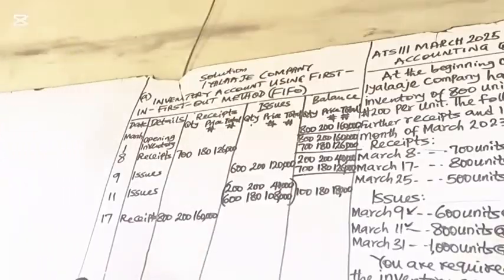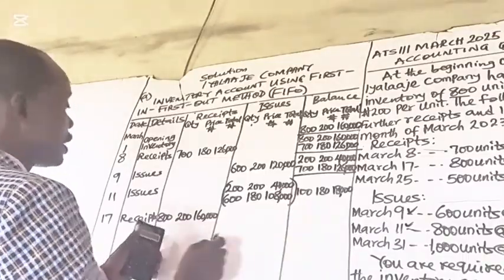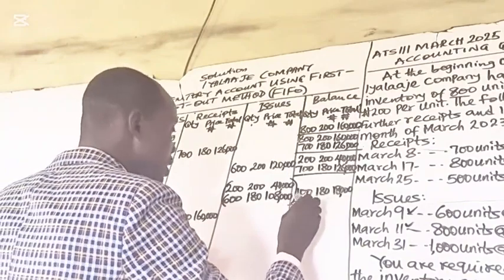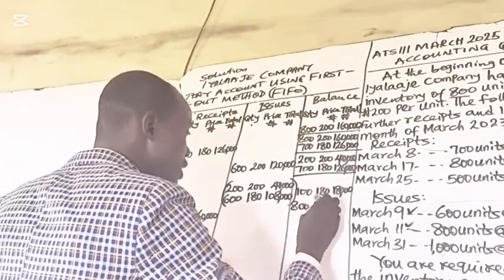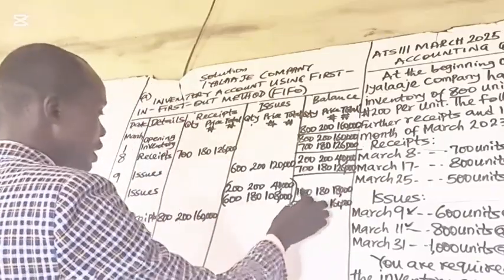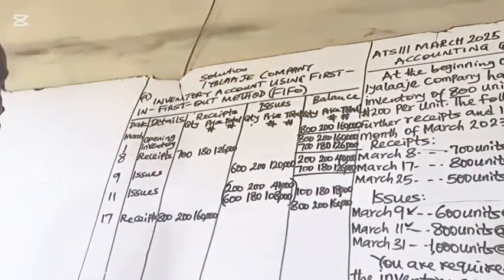Under the balance, you had 100 in store before. You receive additional 800 at the price of 200. That gives us 160,000. So what you have in store now is 900. 100 plus 800. Remember, you are using first in, first out method.